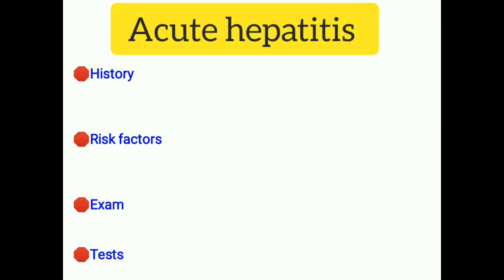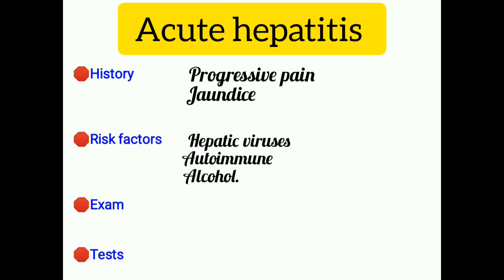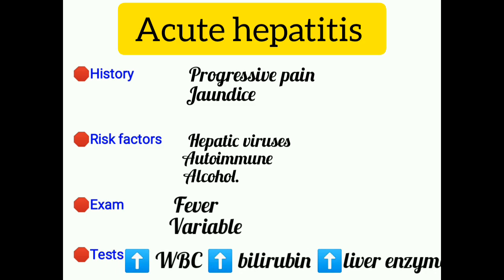Acute hepatitis is characterized by progressive pain over many hours to days. Nausea and vomiting are common, and jaundice is also common. The risk factors for acute hepatitis are hepatitis viruses, particularly hepatitis A virus, alcohol use, acetaminophen toxicity, and autoimmune disease. On examination of a patient with acute hepatitis, fever and a variety of findings related to liver dysfunction are possible, depending upon the severity and acuity of presentation.